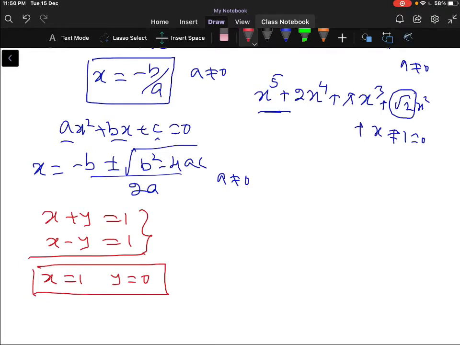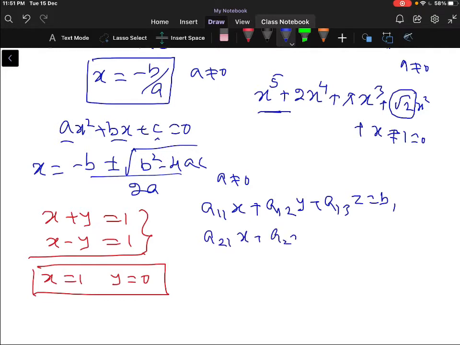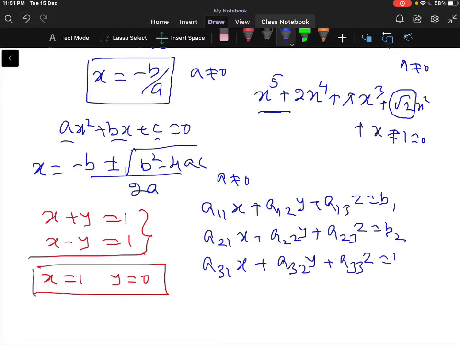For example, or in general, let us write a11x plus a12y plus a13z is equal to b1, a21x plus a22y plus a23z is equal to b2, a31x plus a32y plus a33z is equal to b3.